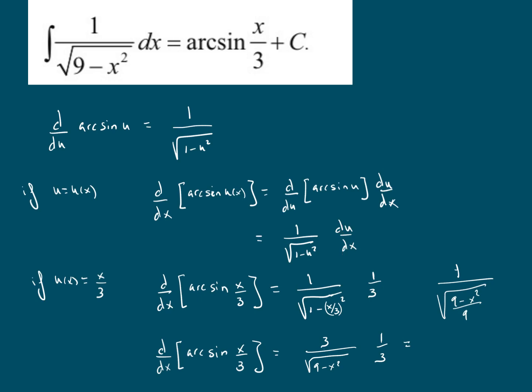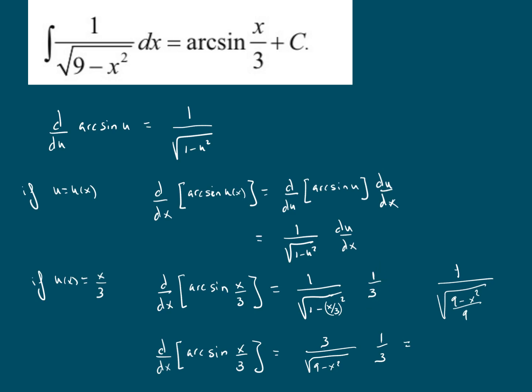If we apply this to this problem with u of x equal to x divided by 3, we find that the derivative with respect to x of arcsine of x divided by 3 is 1 divided by the square root of 1 minus x divided by 3 squared, multiplied by the derivative of u with respect to x, or 1/3.